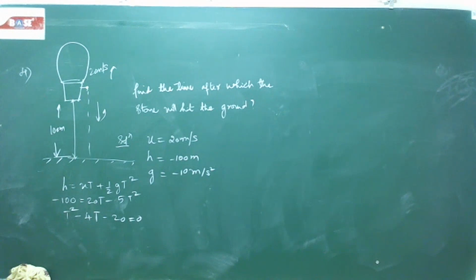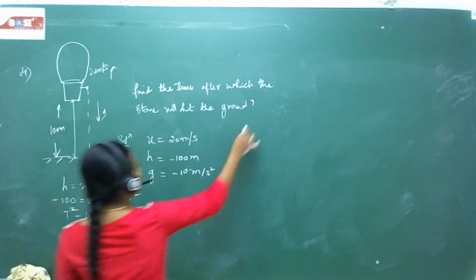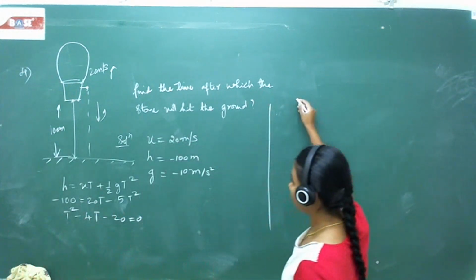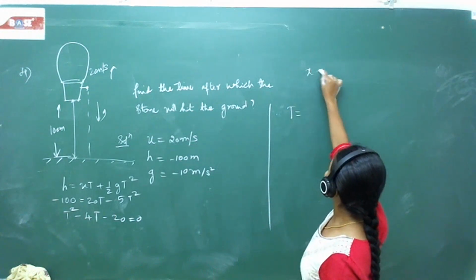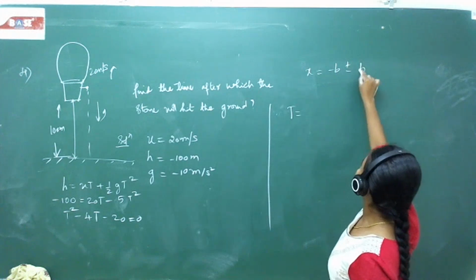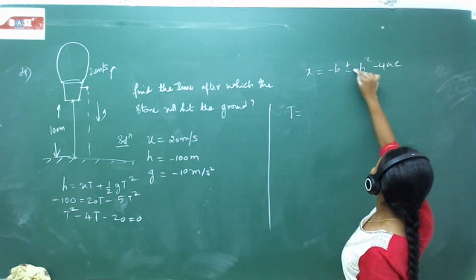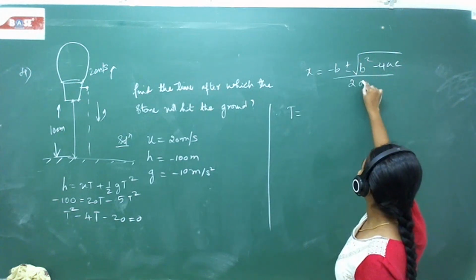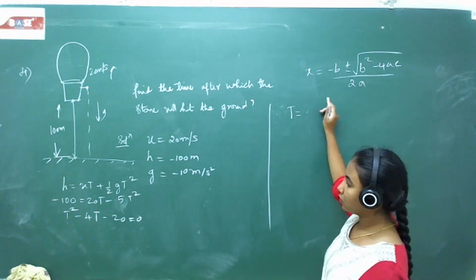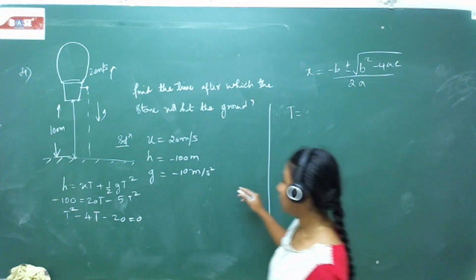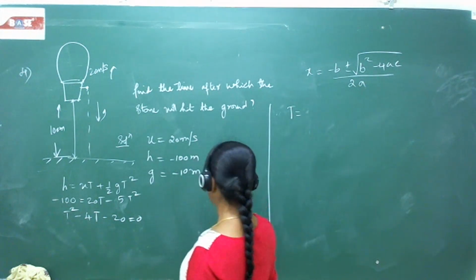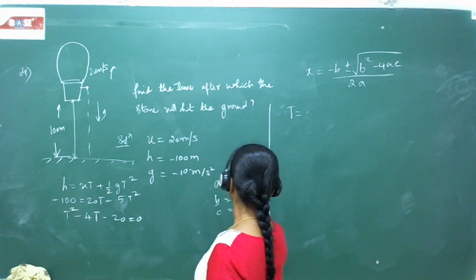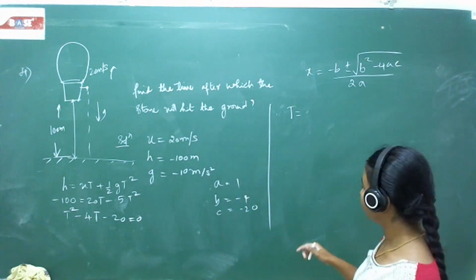So this is a quadratic equation, right? If you solve for time t, x is equal to minus b plus or minus root of b square minus 4ac, divided by 2a. Here a is equal to 1, b is equal to minus 4 and c is equal to minus 20.